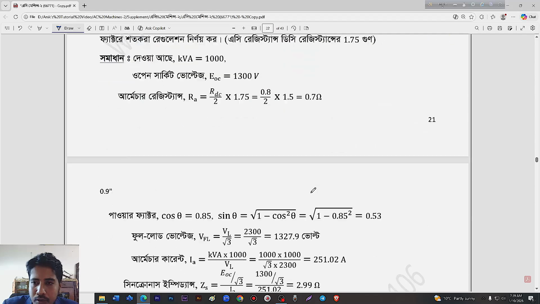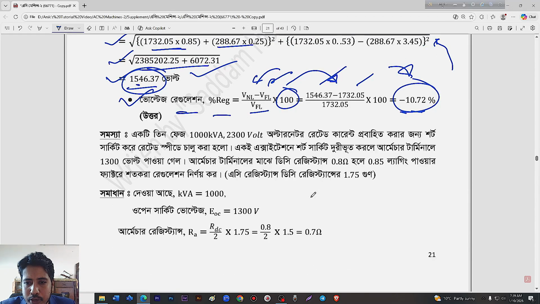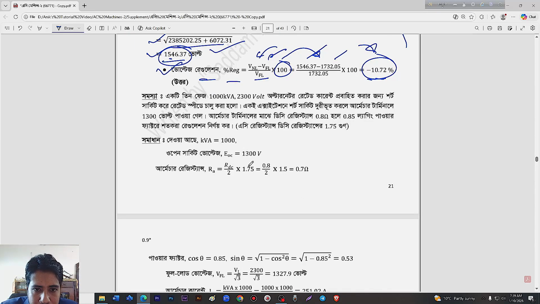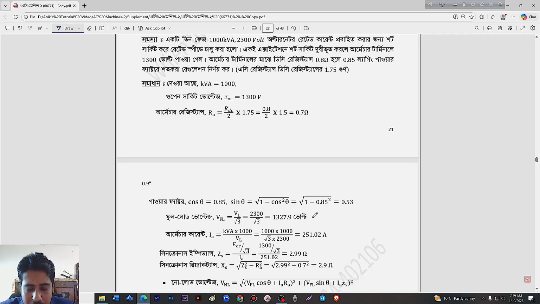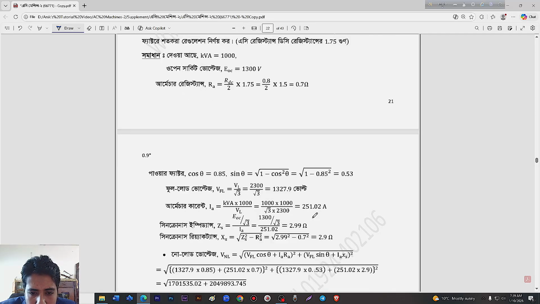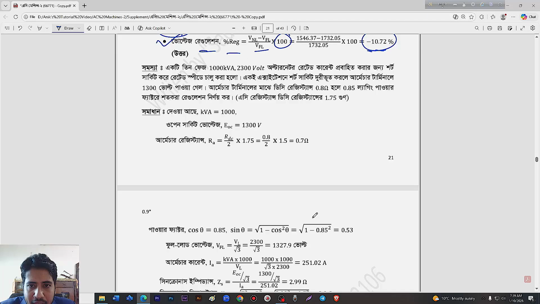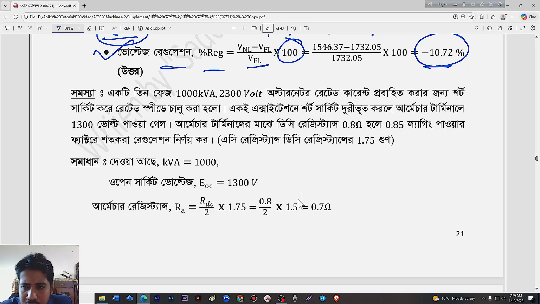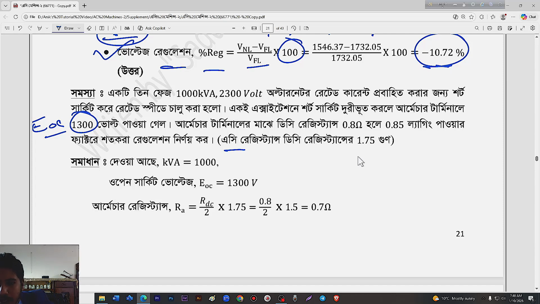Of course I will give you some homework, and you should take a screenshot of this question. In this math, some things are different, but I think you will be able to solve it. Here the terminal voltage is the open circuit voltage EOC, and the AC resistance will be 1.75 times the DC resistance.